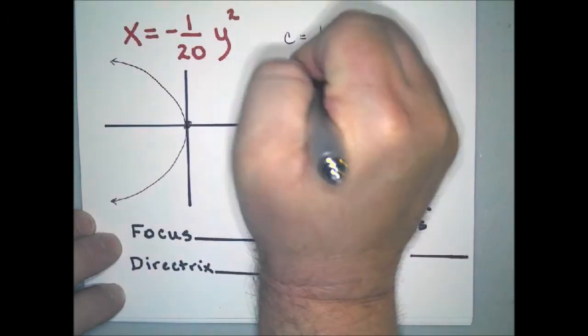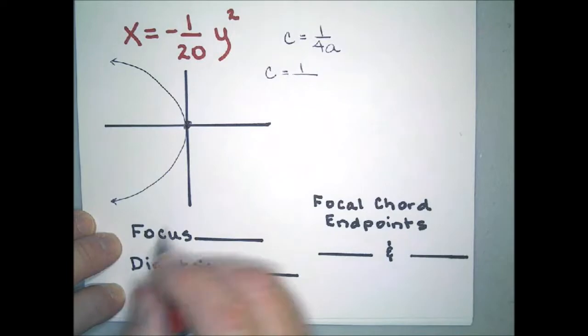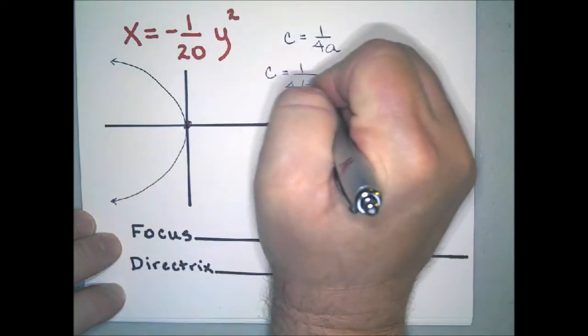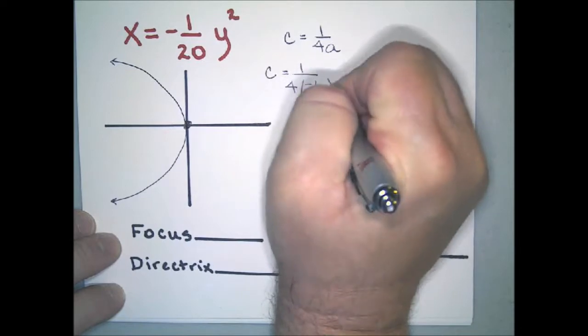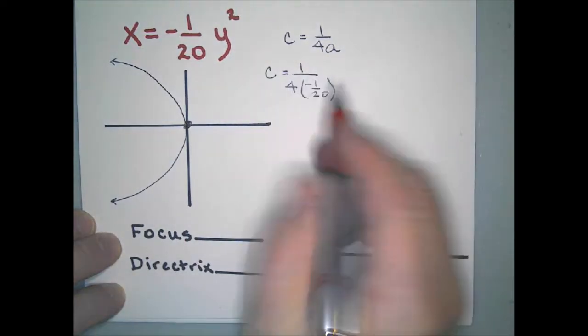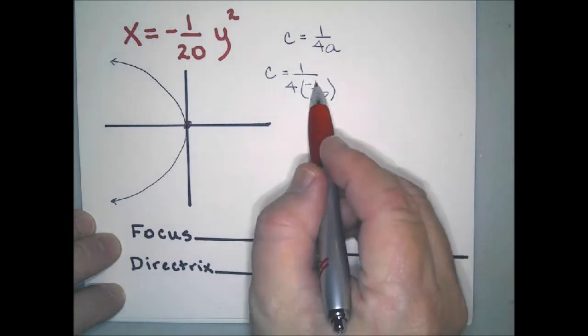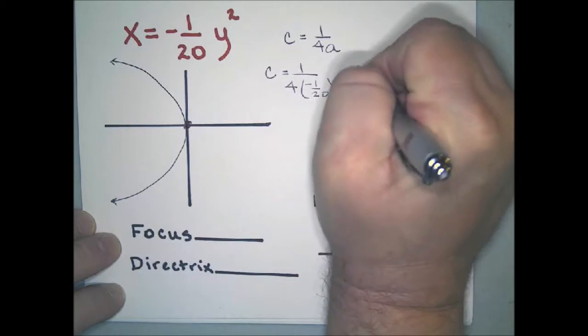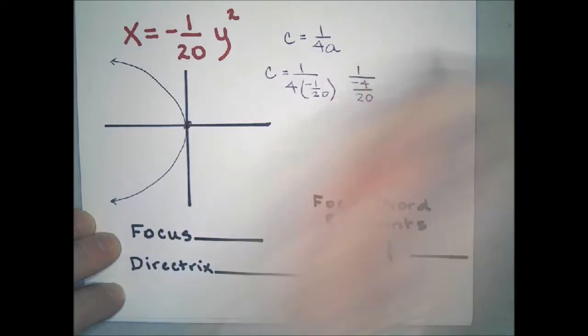So C equals 1 over 4 times negative 1 over 20, because that's what the A value is. Now, if you take that to the next step, 4 times negative 1 is negative 4. So now we have 1 over negative 4 over 20.